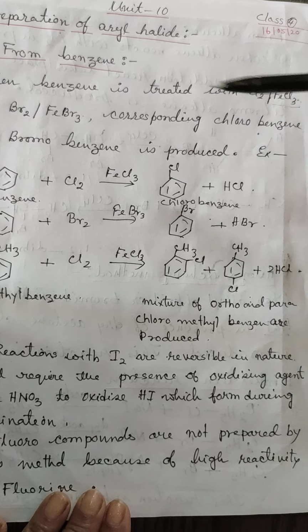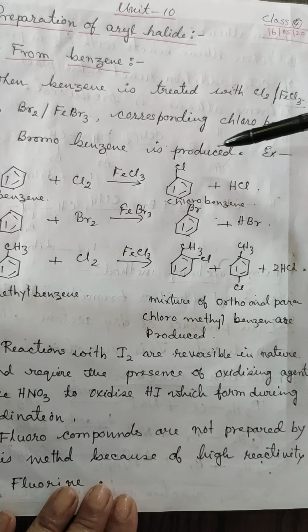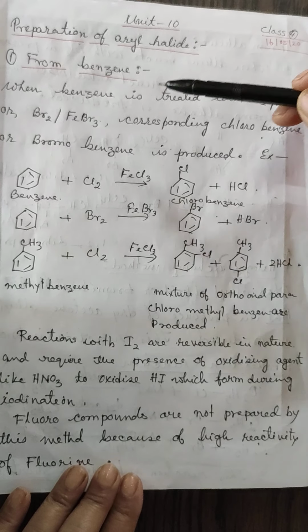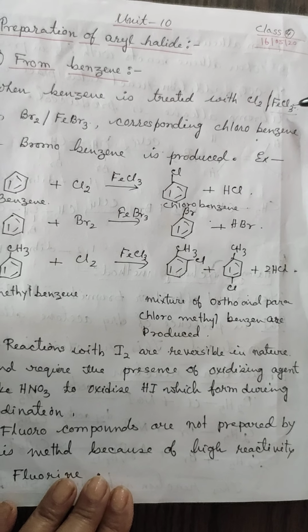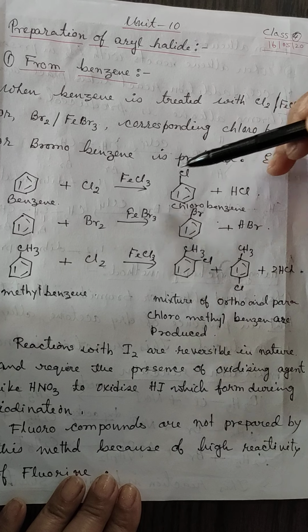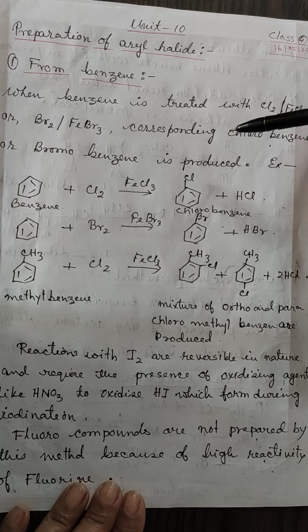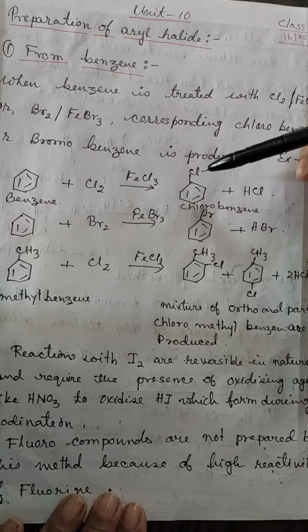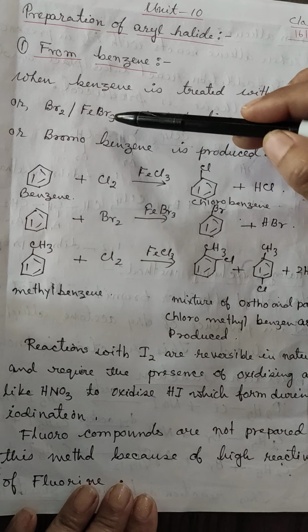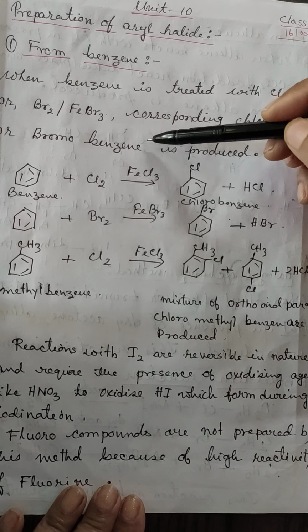The corresponding chlorobenzene or bromobenzene is produced. When benzene is treated with chlorine in presence of ferric chloride, you get chlorobenzene by substituting the hydrogen of the benzene by the chlorine atom. And if you take bromine in ferric bromide, then you get bromobenzene.